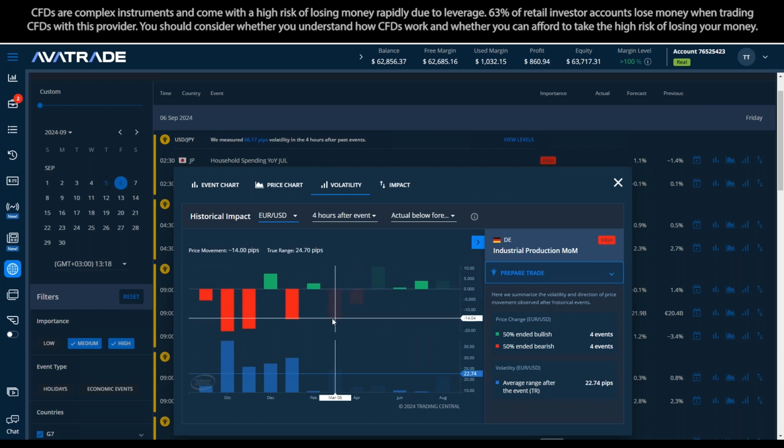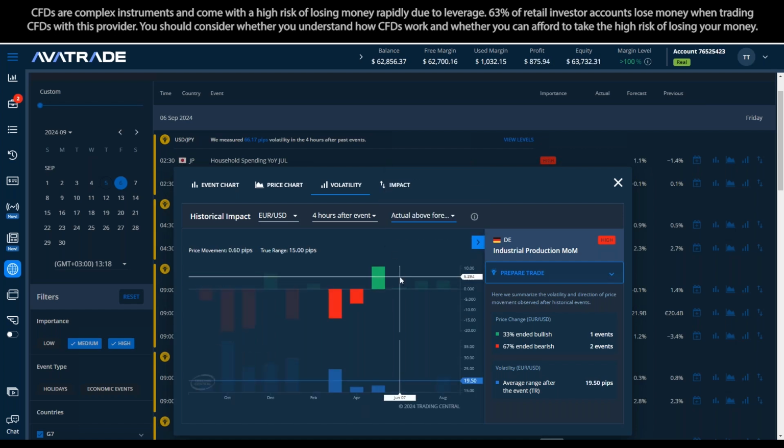So both pairings are trending that if it comes in below forecast, you get more downward movement than up. Okay, larger in this case with the Euro USD, or a higher percentage with the Euro GBP down if it comes in below forecast. So I would be selective on this one and maybe only be interested in shorting this if it comes in below forecast. The above forecast just doesn't convince me of anything.